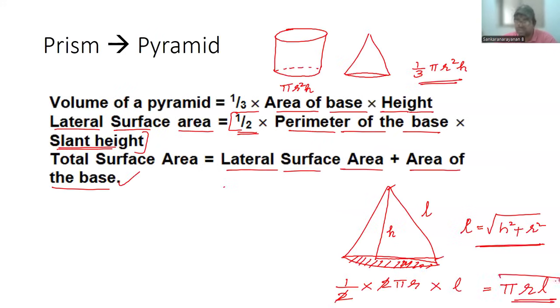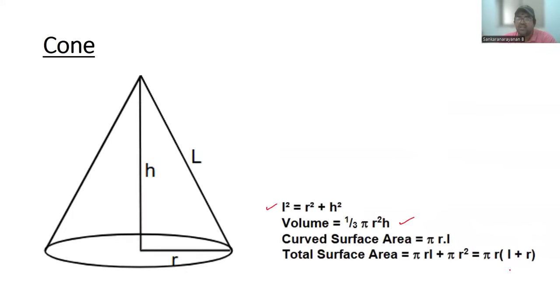Same thing is what I am presenting over here for you. That's the curved surface area. And then the total surface area is the lateral surface area plus, in the bottom portion, you see the circle. So you add that pi r square. So pi r L plus pi r square will give you the total surface area associated with a particular cone.